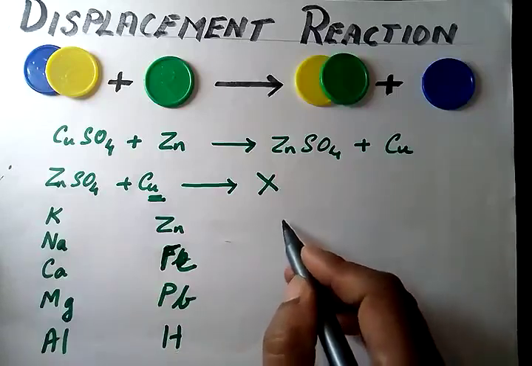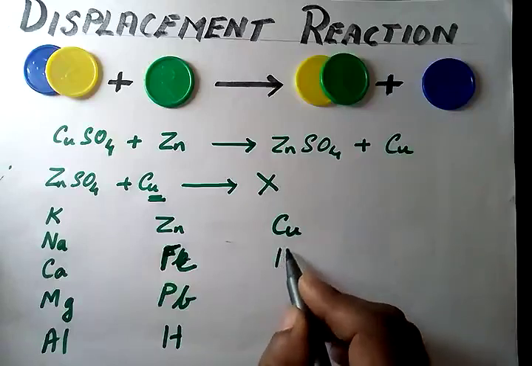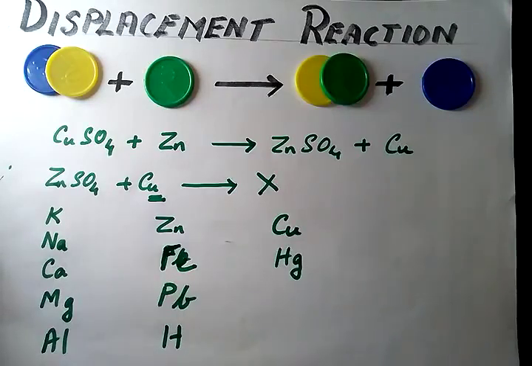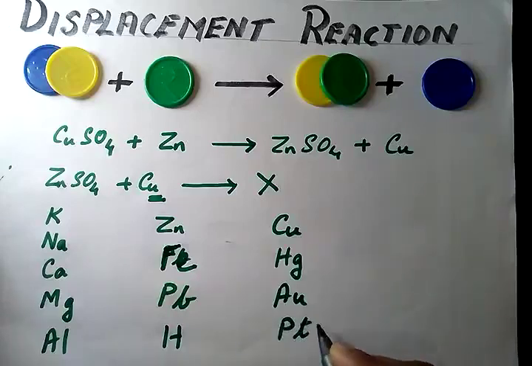Below hydrogen in the series you will have copper, mercury, silver, platinum and gold.